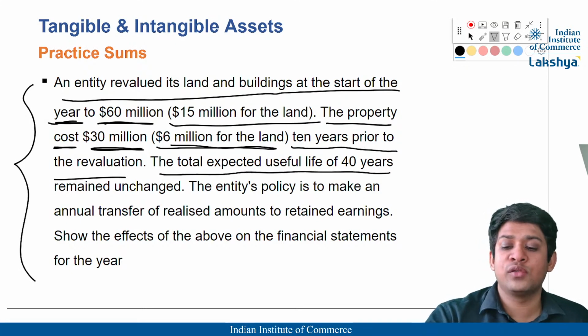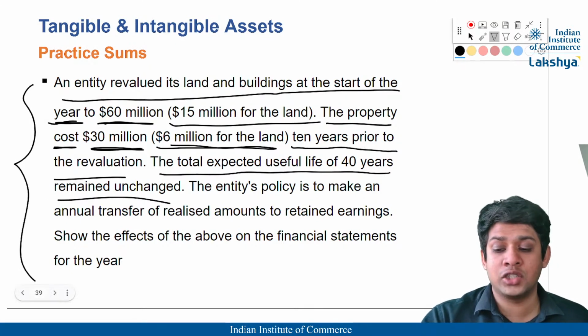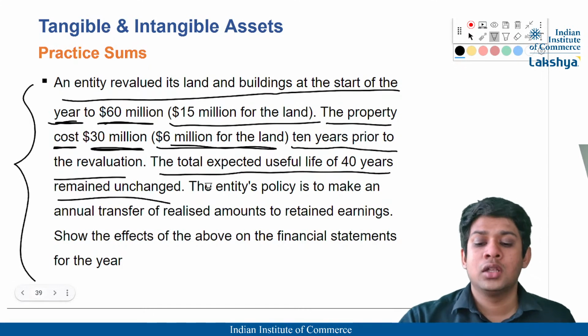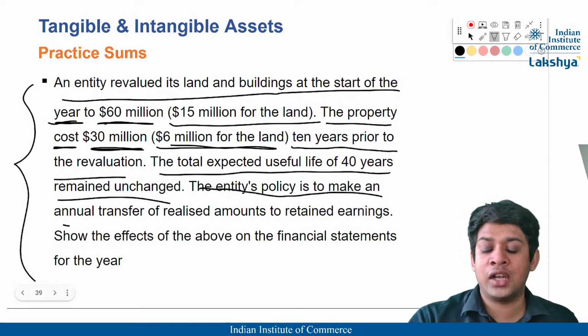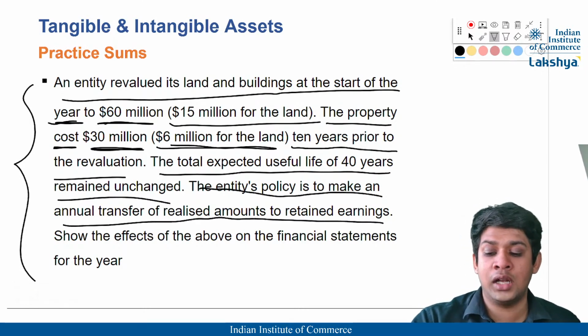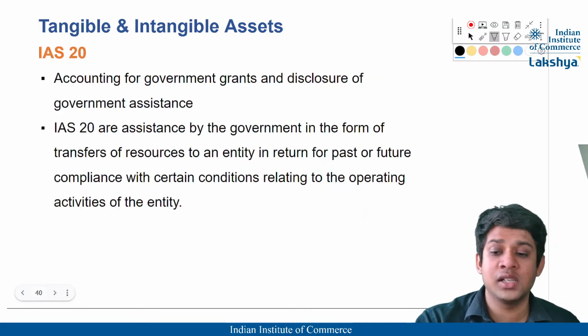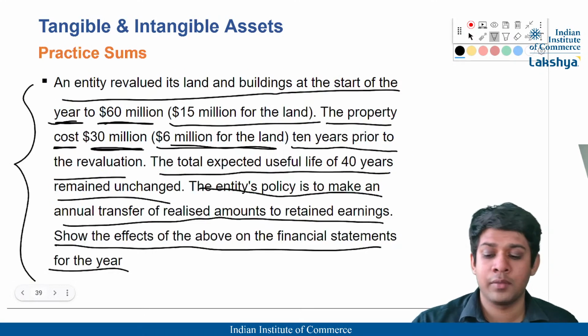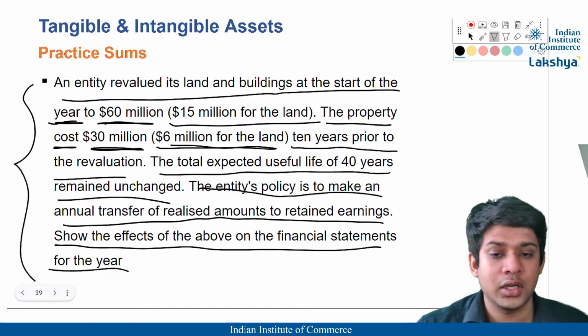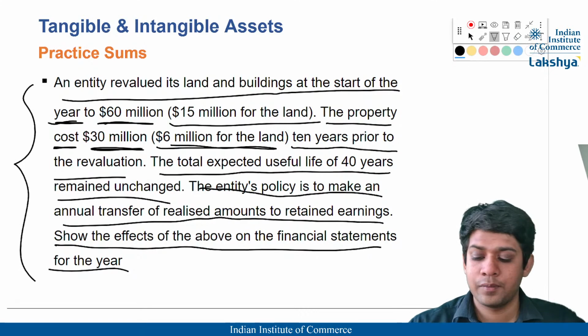The total expected useful life is 40 years, which remains unchanged. The entity's policy is to make an annual transfer of the realized amounts to the retained earnings. You can show the effects of the above in the financial statements for the year. Okay, so let us get started with the calculations.